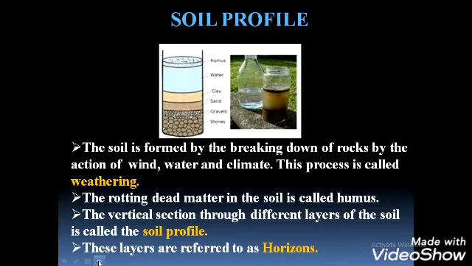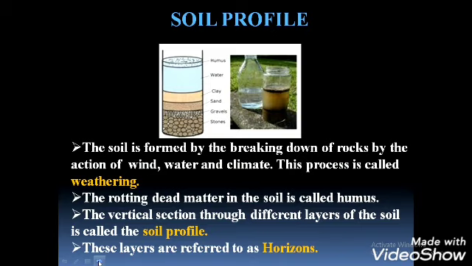Now let it stand undisturbed for some time. Afterwards, observe it and note the difference. So we can see that it converts into different layers. Do you see layers of particles of different sizes in the glass tumbler?